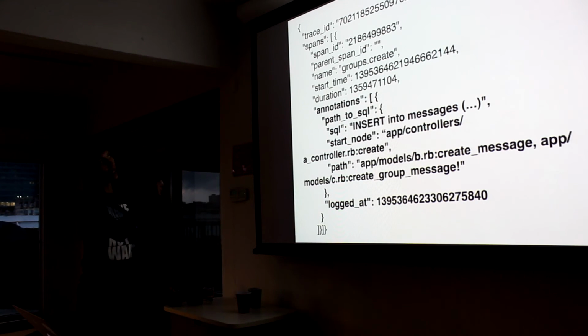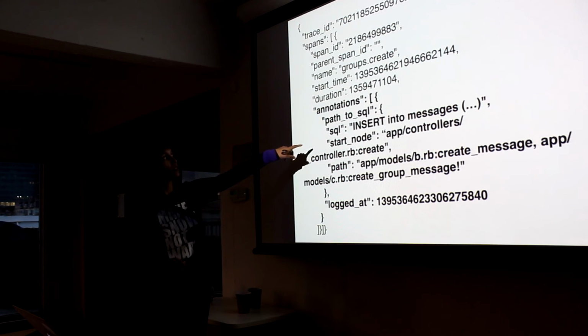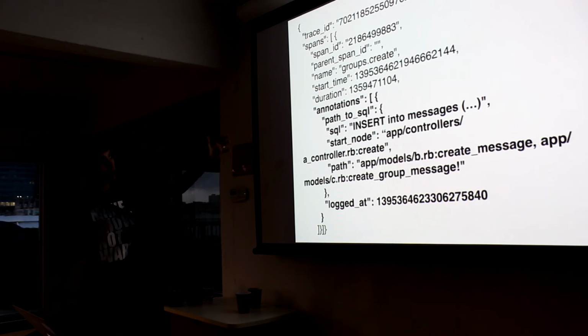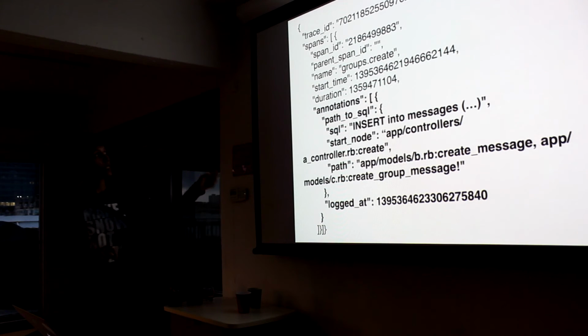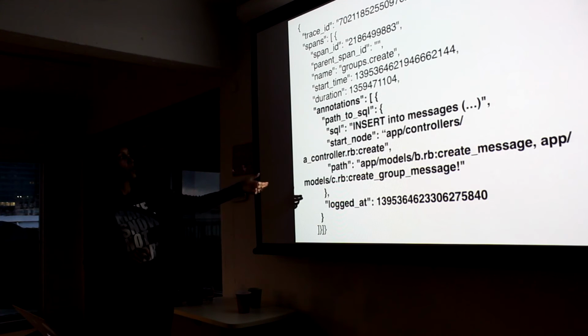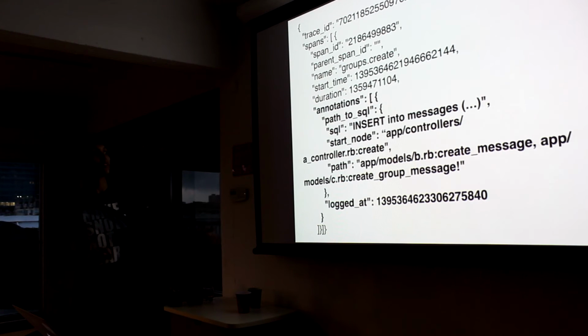In this example there's only one annotation, and you can see the name of the annotation is path to SQL. It's a key value pair, and the value itself is a JSON block. The SQL is insert into messages, and then there's a start node and some other information like a path. Presumably it's the code path you have to plow through in order to execute that SQL statement against the database.